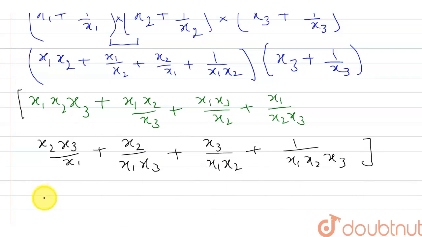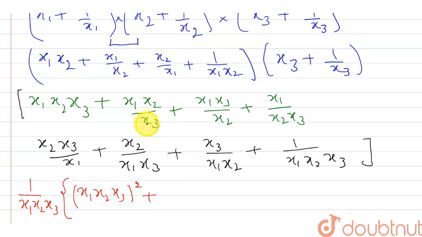Or I can take 1 upon x1 x2 x3 common, same as taking LCM. So this term will be what? Square. So this will be x1 x2 x3 square, plus what will be this term?